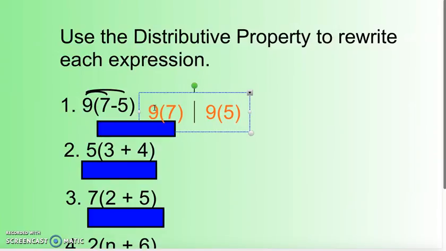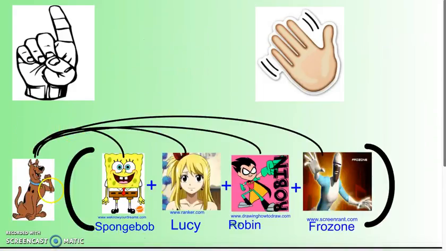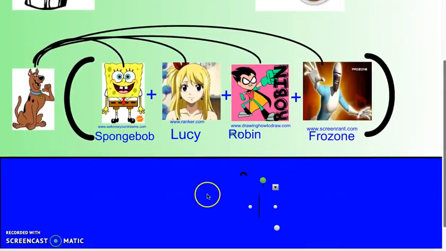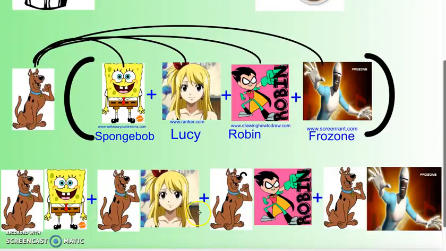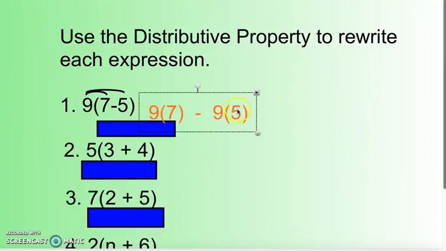Okay? And what happens in the middle is this symbol, whatever it is, it could be addition or subtraction, remains the same. Just like when Scooby-Doo introduced himself to all of these characters, the addition stayed the same. Okay? And so we're going to keep the same here.